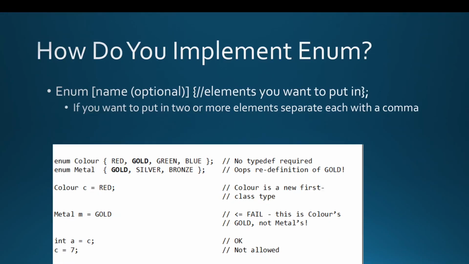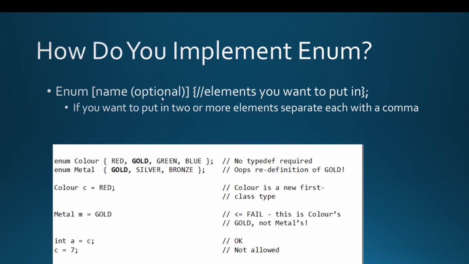So how do you implement enum? You put enum, it's supposed to be lowercase, which I'll fix before I post this. And in the bracket, it's optional to put the name of the enum. You don't have to put the name of it. You can just put enum and a curly brace.